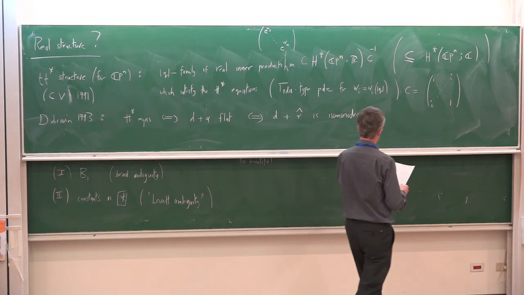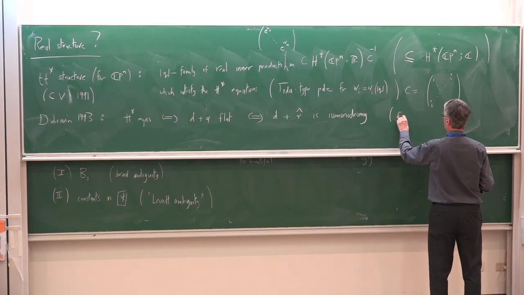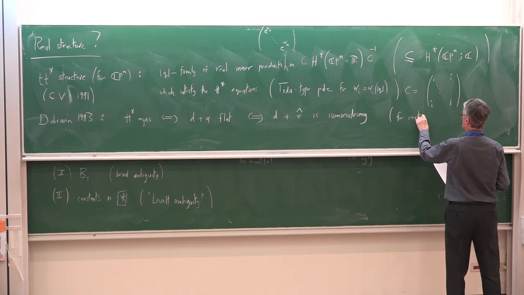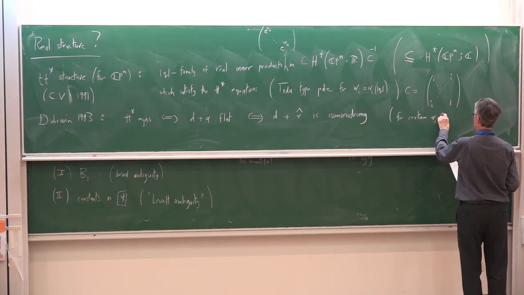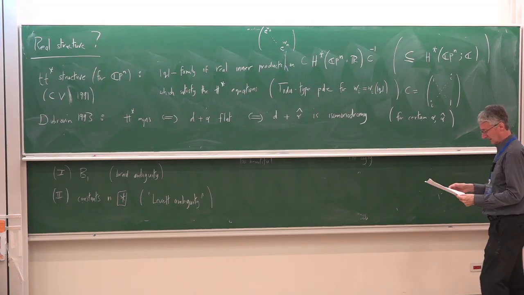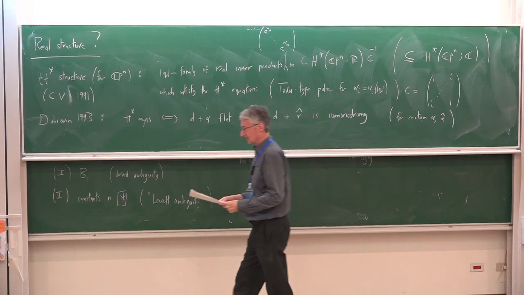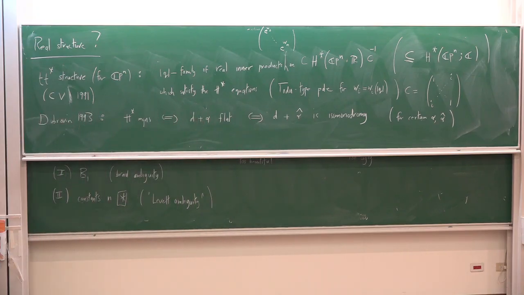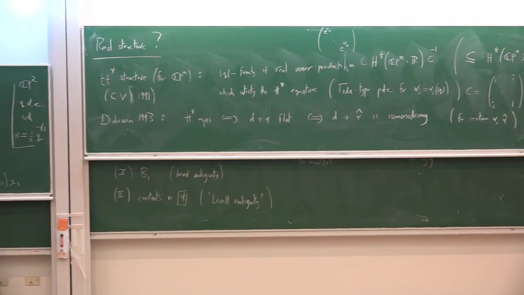So let me just say, for a certain alpha hat. Well, you have these equations, and you might think this doesn't really have much to do with quantum cohomology. But actually, it's part of the structure, so we should not ignore it.